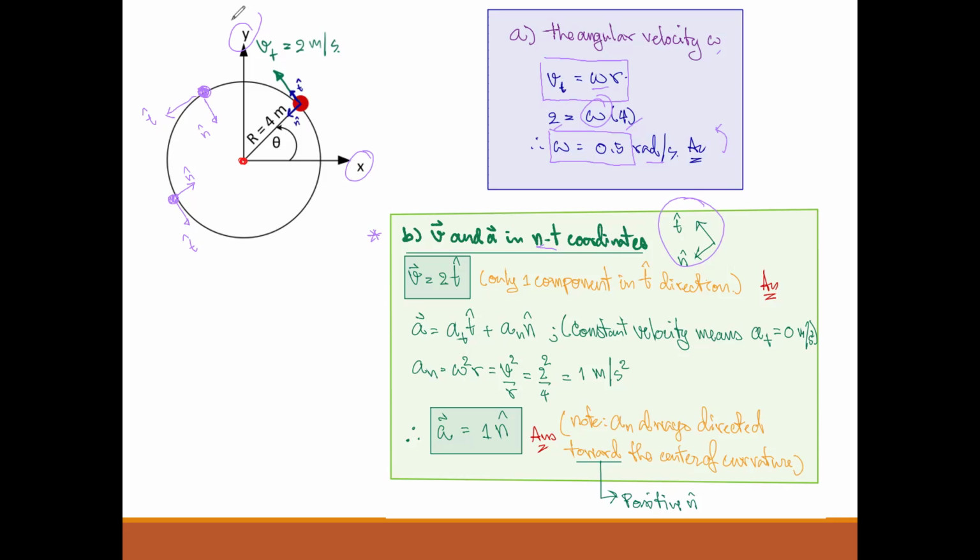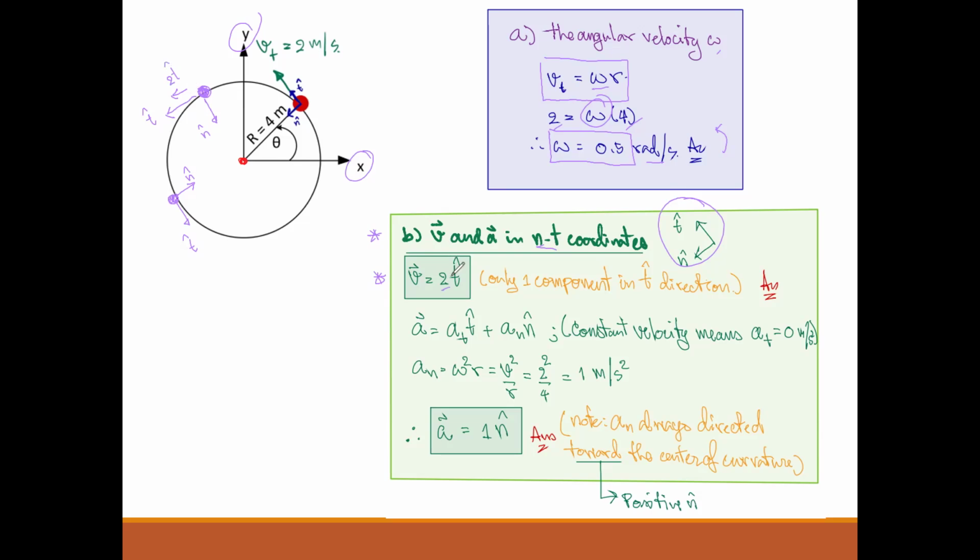For this case, we can write the velocity vector. The velocity vector in tangential coordinates is very easy because it has only one component. The problem tells us that the particle is moving along the circular path with a constant velocity. It's like driving a car along a circular path and maintaining the velocity as a constant, so the velocity is always 2 at any point.